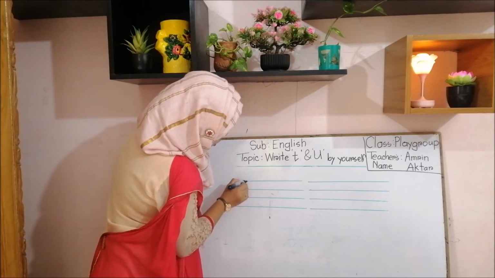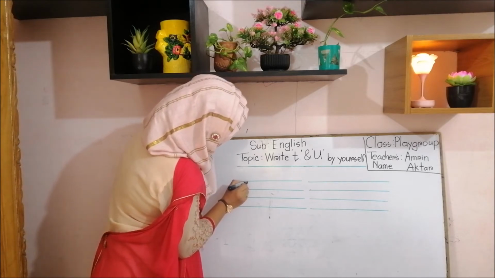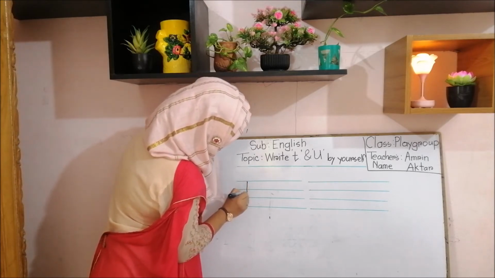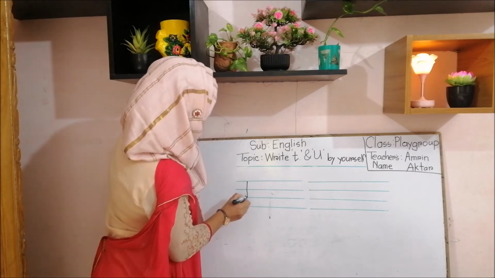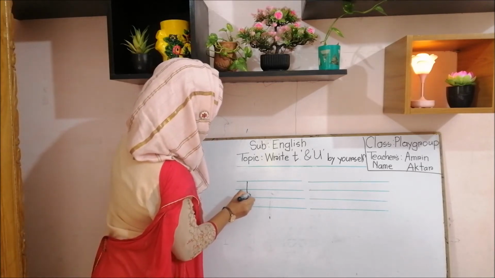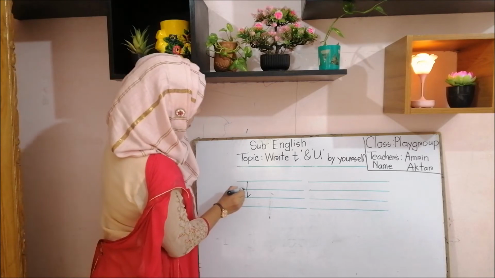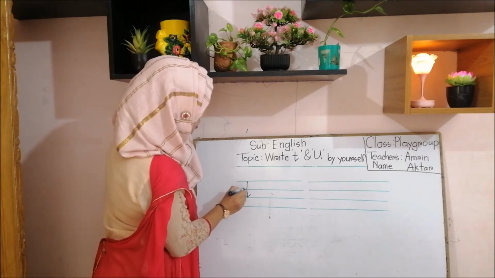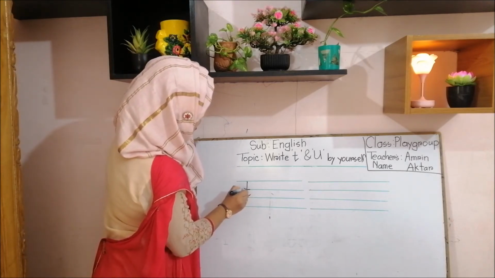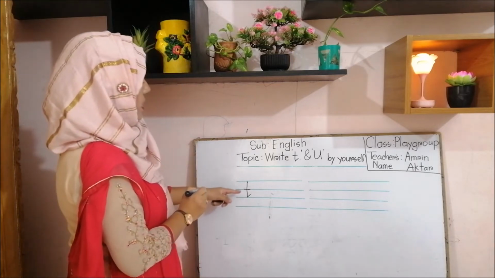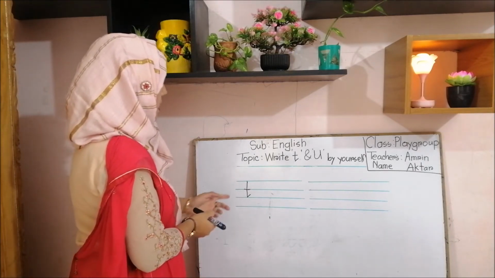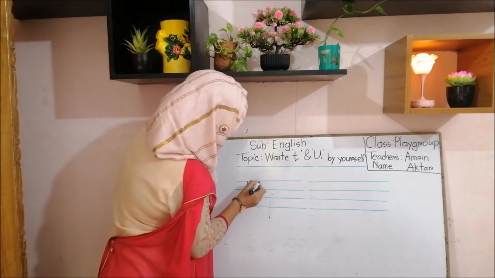We'll draw a standing stick. Go down, down, down like this way. Then we'll draw a slash. Then here in the middle there will be a sleeping stick. This is T. Again Miss is showing, okay.